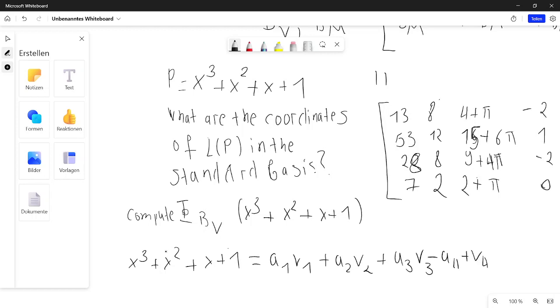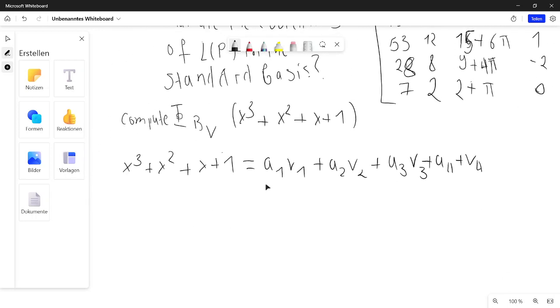As you recall, your V1 has some monomial representation, so it is itself some V1 plus V2x plus V3x2 plus V4.